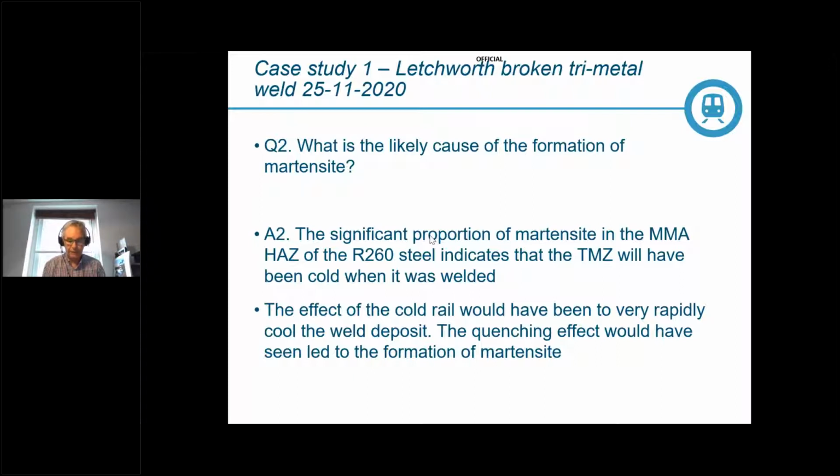The effect would have been that the cold rail very rapidly cooled the weld deposit. And we saw the effect of quenching: you don't transform, you just go straight down until you form martensite. That would have led to the formation of martensite in the weld.